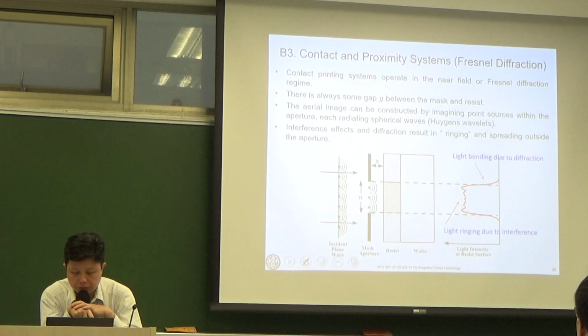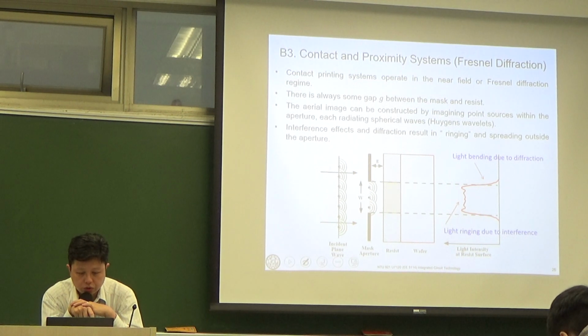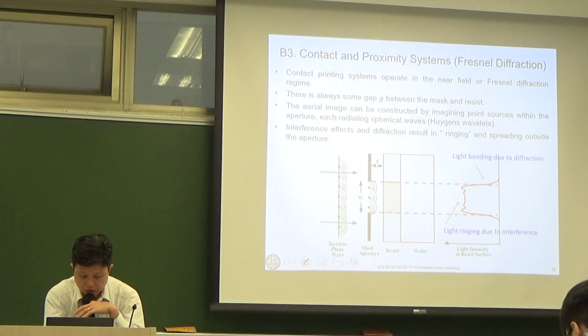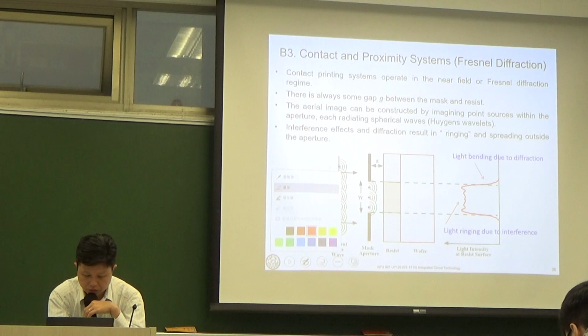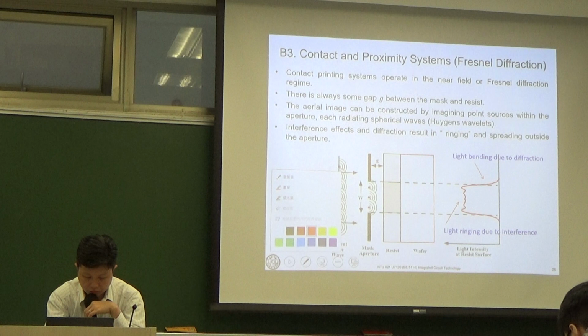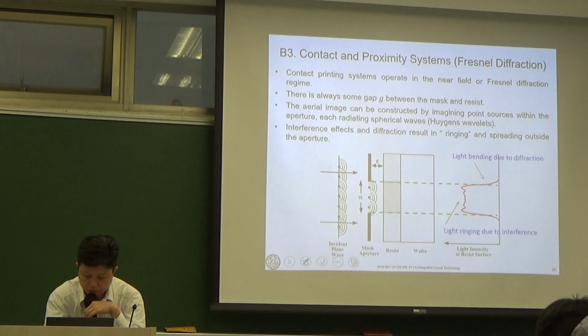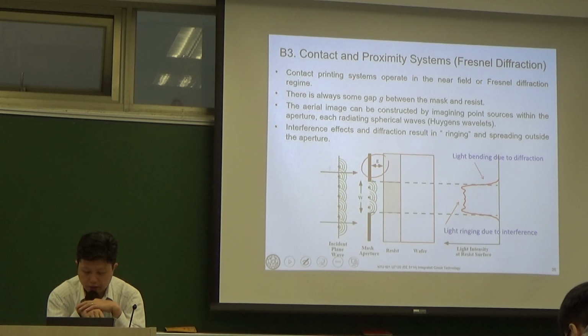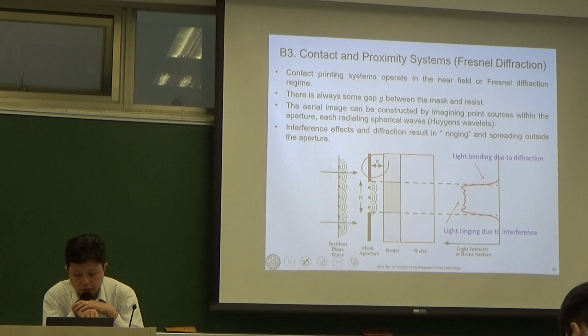Okay. Now we change to the Fresnel diffraction. That's for our contact and proximity systems. Right now your mask and your silicon wafer are very close to each other. There's a gap, we call it G, between your mask and your resist.